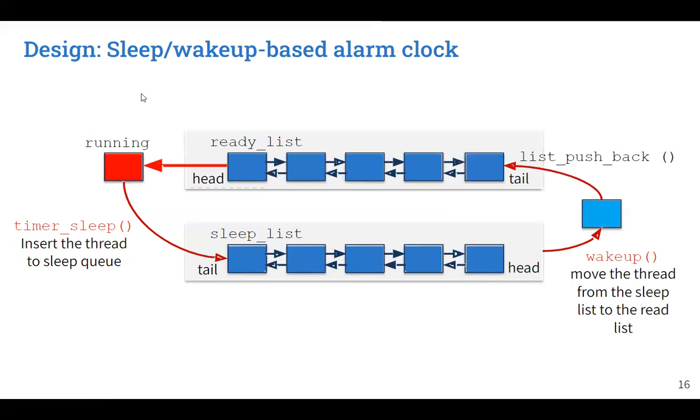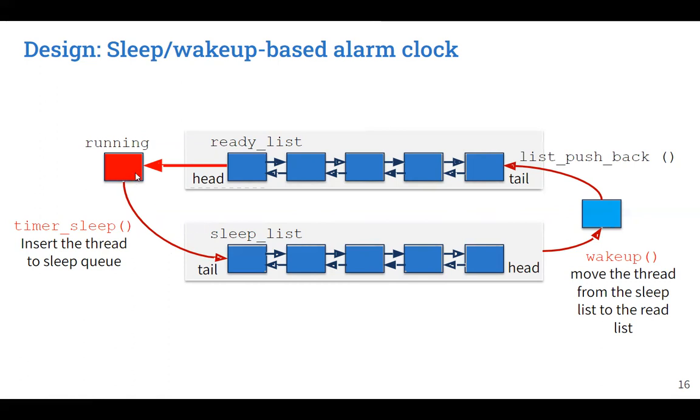So in order to do that, you want to maintain a separate list, the sleep list. Before, we only had a ready list, a list of threads ready to run, but now we want to maintain a separate list called the sleep list, to maintain a list of threads that are sleeping and that we don't want to schedule right away.